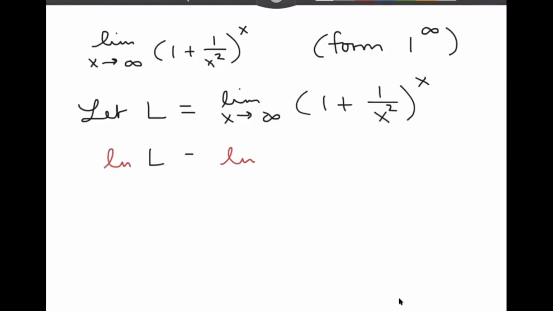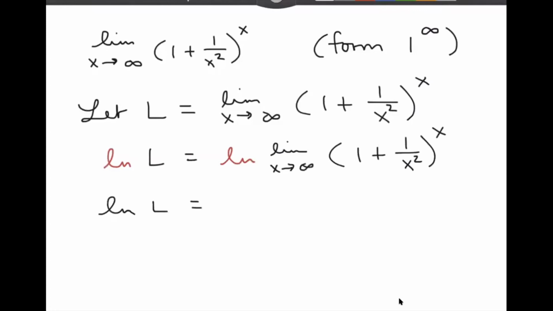So we have natural log of L is equal to natural log of the limit as x approaches infinity of 1 plus 1 over x squared to the power x. Pushing that natural log inside the limit, we have the limit as x approaches infinity of natural log of 1 plus 1 over x squared to the power x.